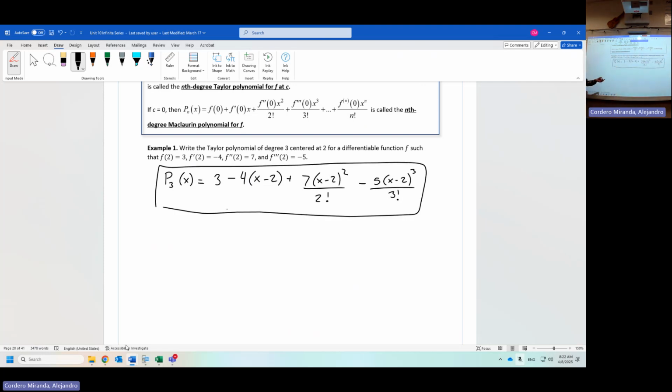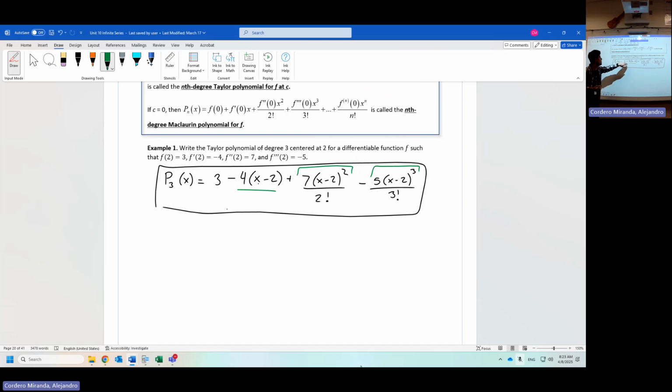Again, the idea being that if I plug in 2 into here, then this term will be 0, this term will be 0 because of 2 minus 2, and this term will be 0 because of 2 minus 2. And so I'll match the function value. P of 2 will be exactly f of 2. And then if I try to match the derivative value, take a bunch of derivatives of this, you'd see that you just get 4 plus some stuff with x's in it.